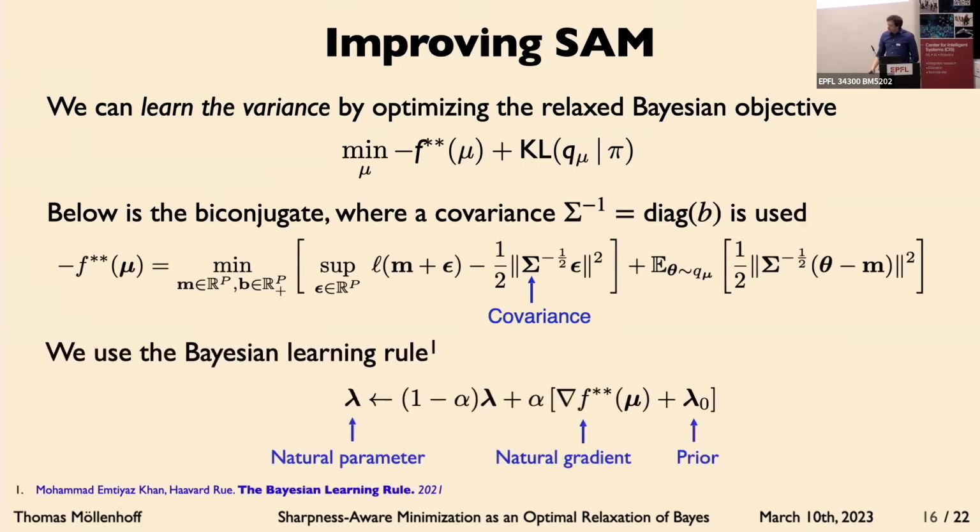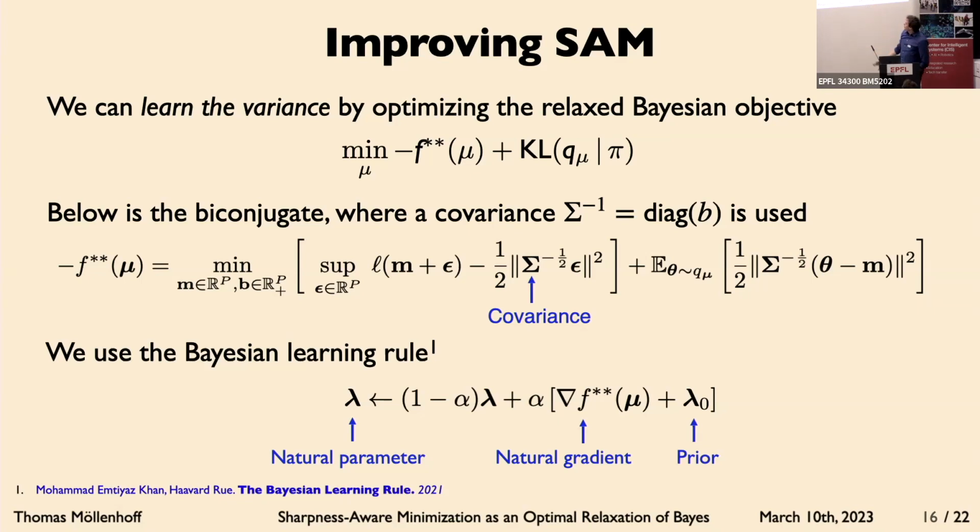And our learning algorithm is actually very simple. This is a difference of convex functions. So for alpha equals 1, this can actually be seen as a difference of convex algorithm on that objective function. And if we introduce some damping parameter, this is something we call the Bayesian learning rule.